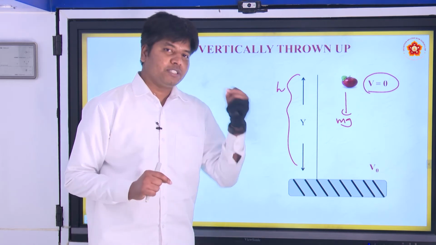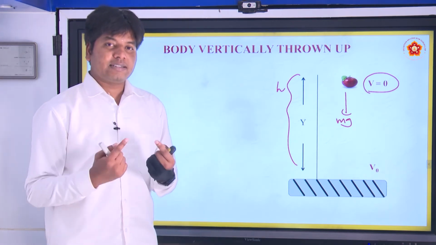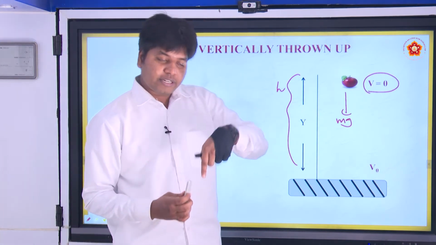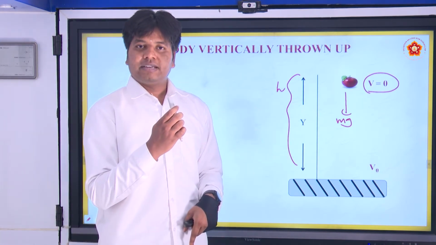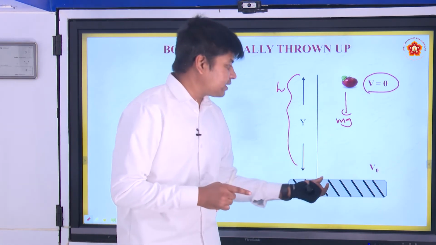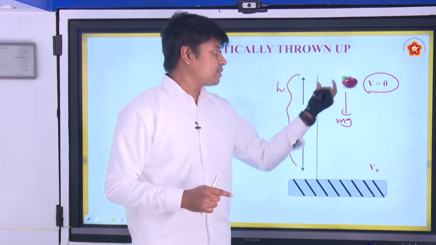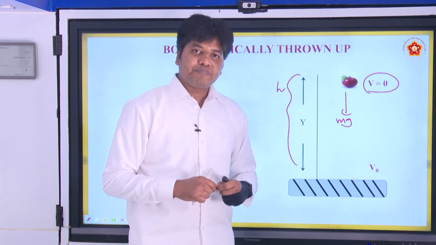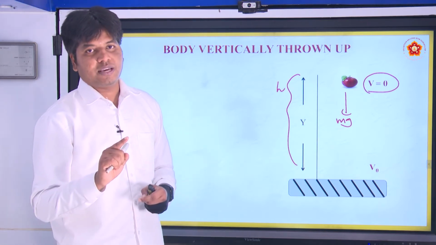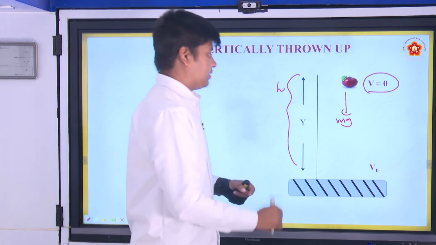The acceleration due to gravity is in the opposite direction to the direction of motion. It is decelerating the object. The velocity is decreasing and becomes 0 at last. That means we need to use minus g there.